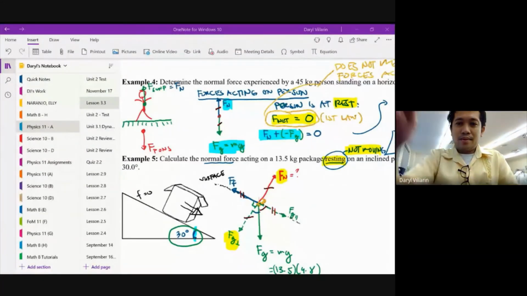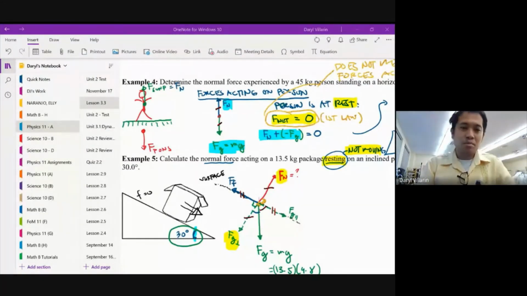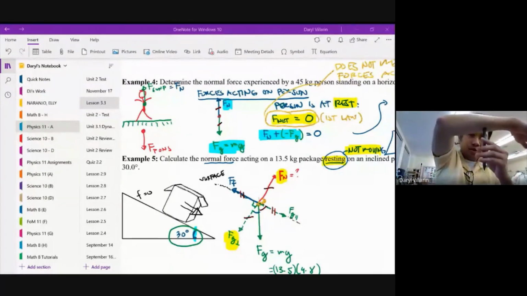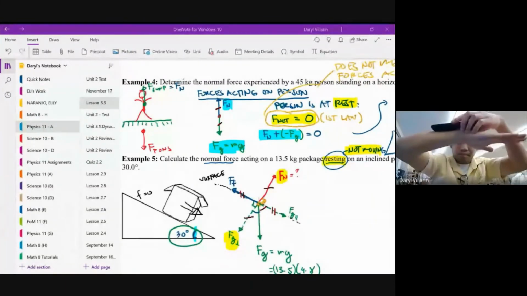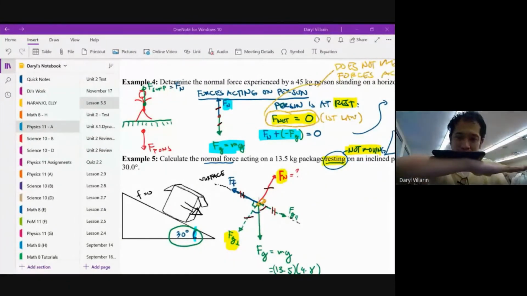Yeah, we can use a pendulum. Like you have an object here, right? It's something like this. It's on top. Horizontally, that would be the form, right?